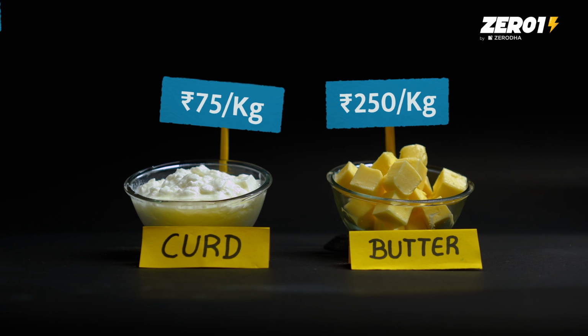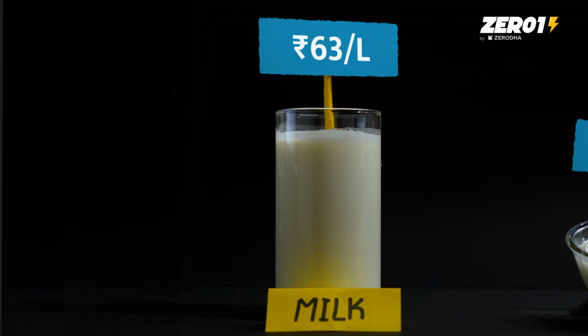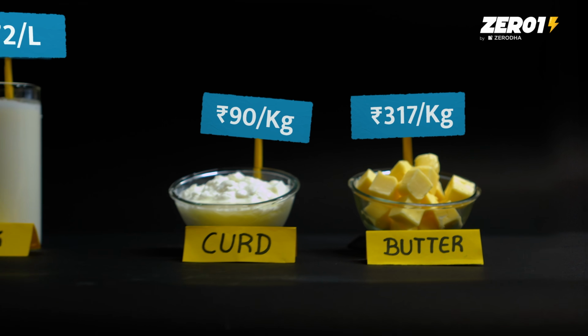You derive the prices from something else. Like the prices of curd and butter can be derived from the prices of milk. So if the prices of milk go up, of course the prices of curd and butter will also go up because that's the raw material needed to build this item. It's a derivative. Similarly, the derivative market is derived from an underlying, usually stocks and shares.